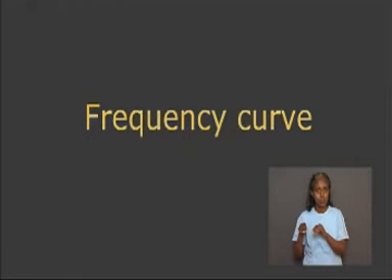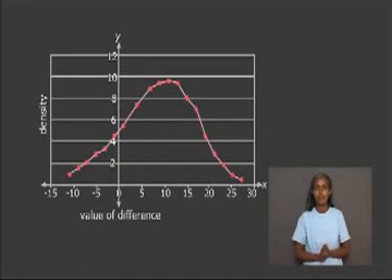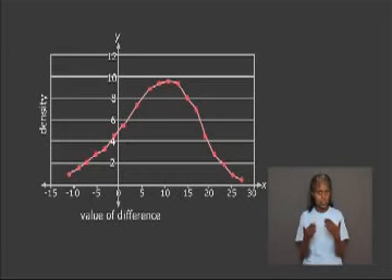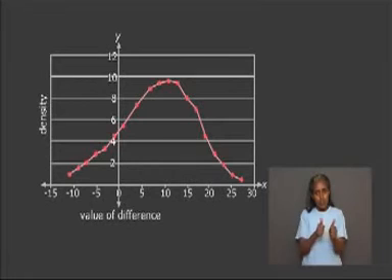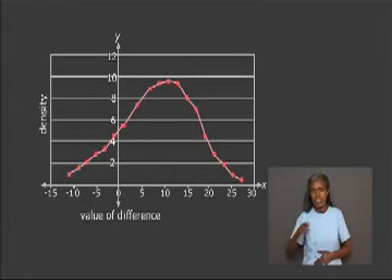Students, one more way to represent grouped data is by using a frequency curve. A frequency curve is simply a frequency polygon that has been smoothed out. Instead of consecutive line segments, the graph appears as a smooth curve.